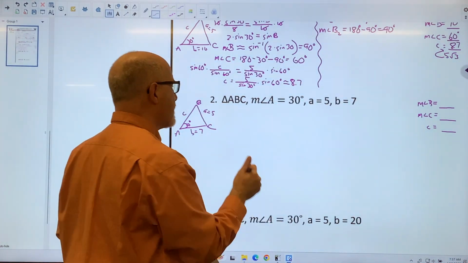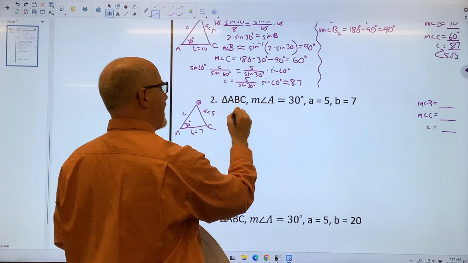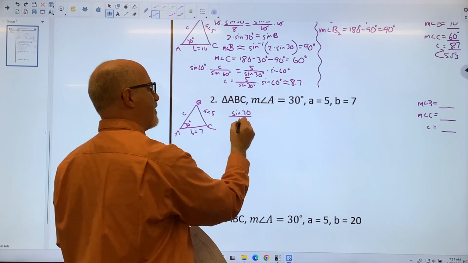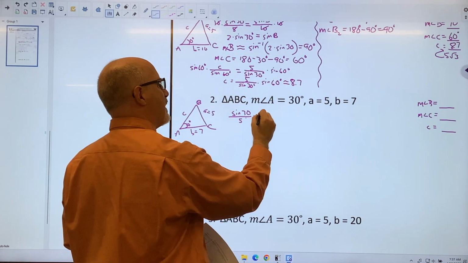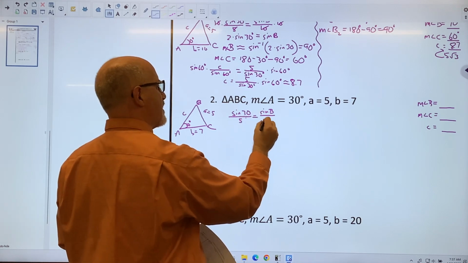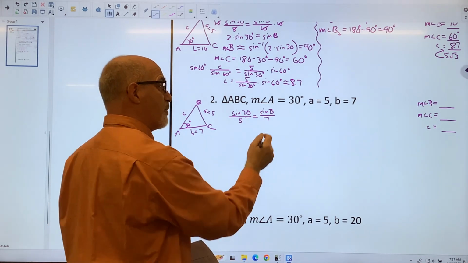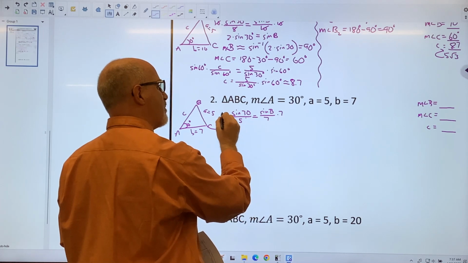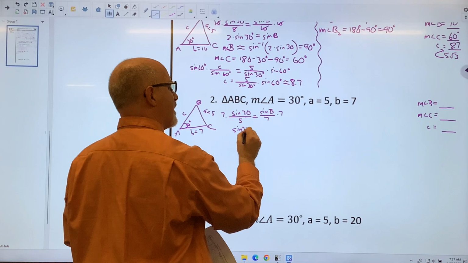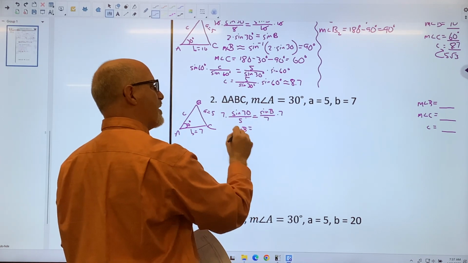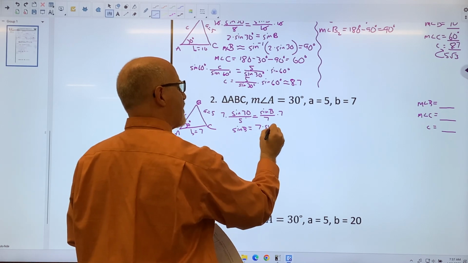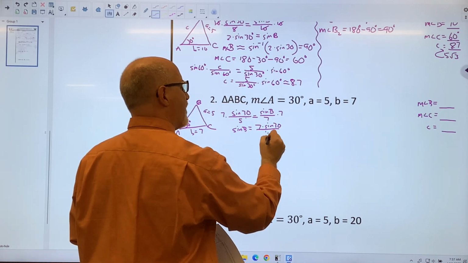So we're going to set up the law of sines. I'm going to do sine of the angle, 30 degrees, over the side opposite at 5, equals sine of B over the side 7 here. Now I multiply by 7 on both sides to get rid of this denominator. And so what I get here is sine of B equal to 7 times sine of 30 over 5.